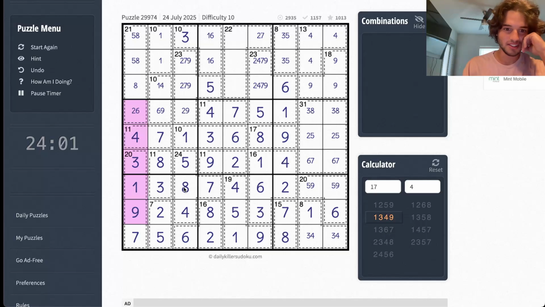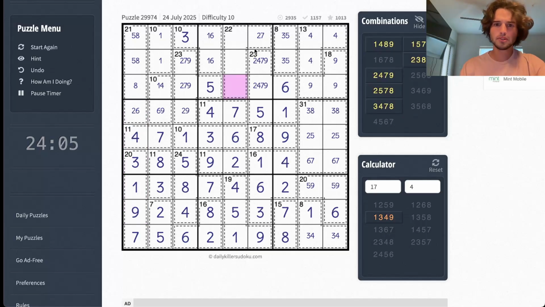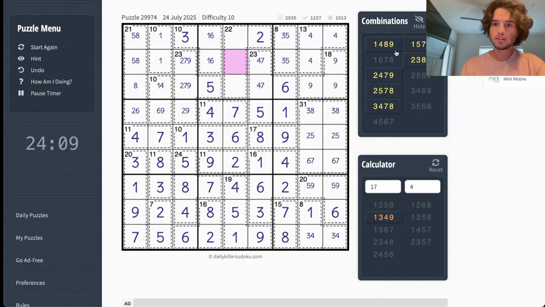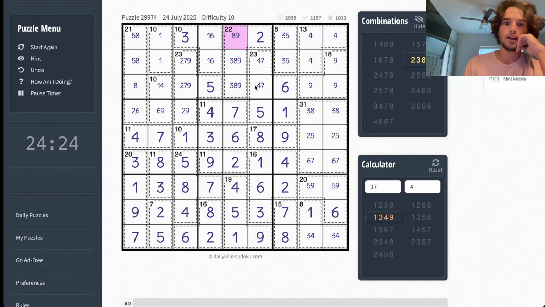Still not eliminated there. Let's see, we do know that's a 9, so we do know that's a 2. That's a 4, 7. So we need a 2. We also need a 9. And then 4, 7's eliminated, so that's a 3, 8, 9 triple.